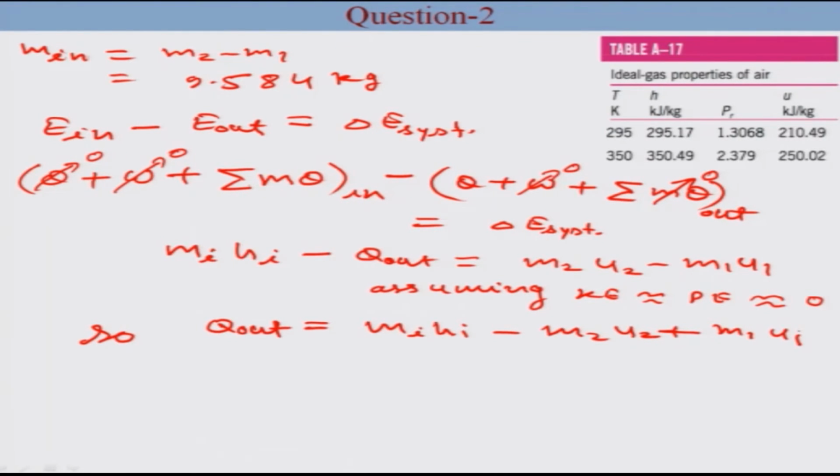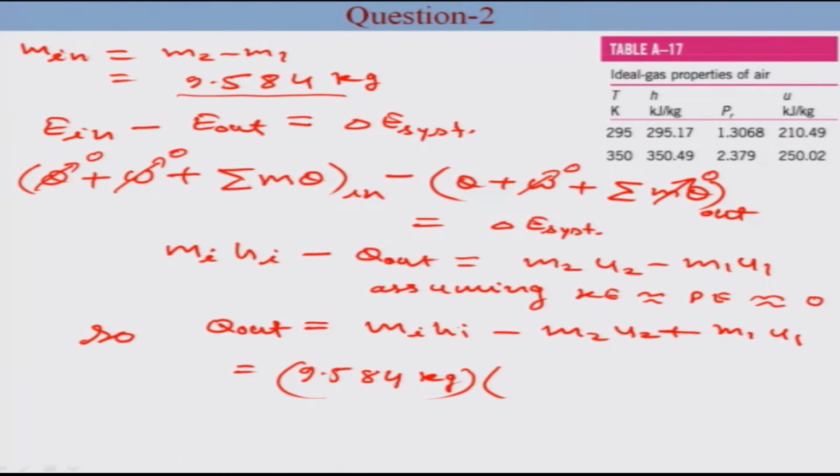So, we have already calculated mass coming into the system. So, after putting this value here, mass in is 9.584 kg.